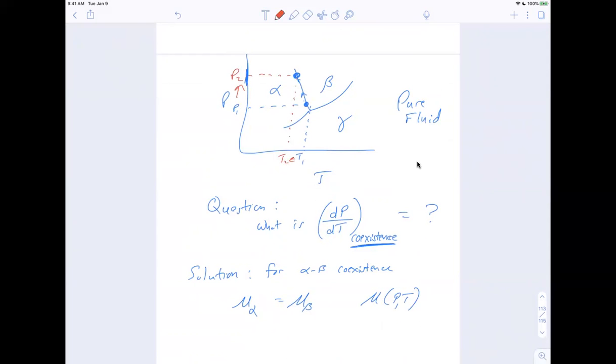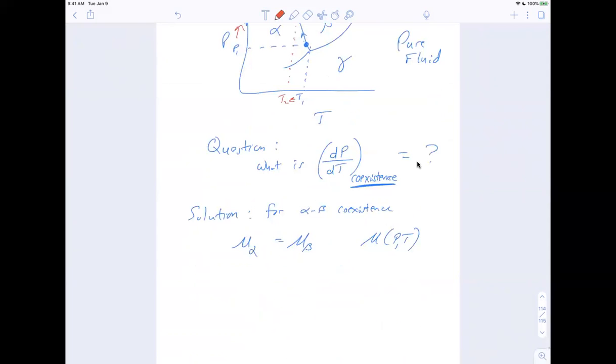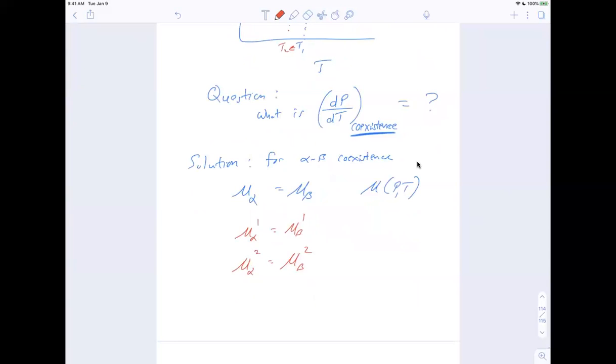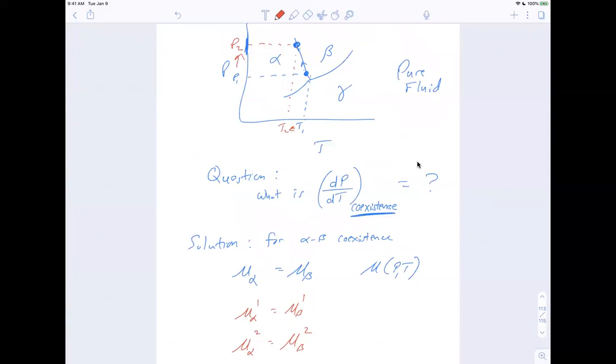If that's the case, we know then that mu alpha at point 1 is equal to mu beta at point 1. We also know that mu alpha at point 2 is equal to mu beta at point 2. Okay. Does that make sense?